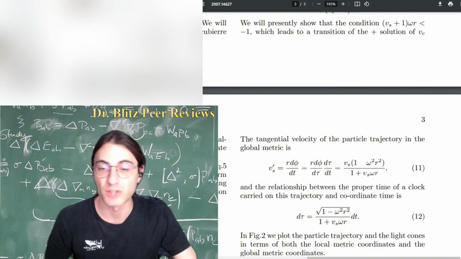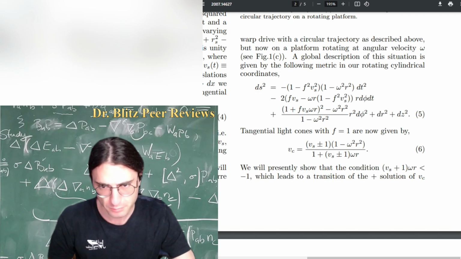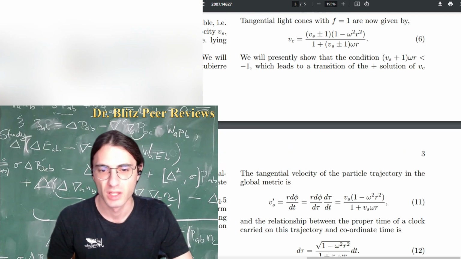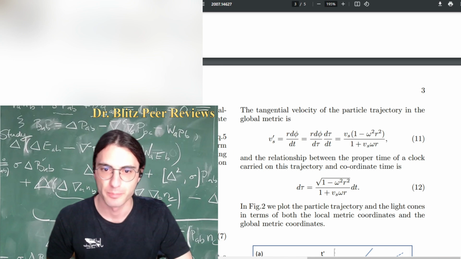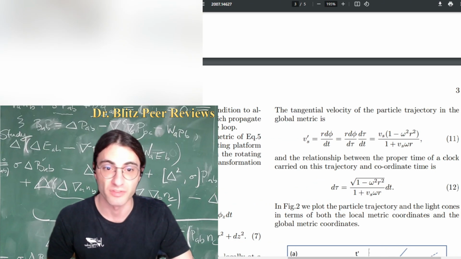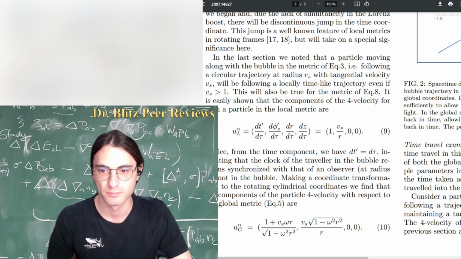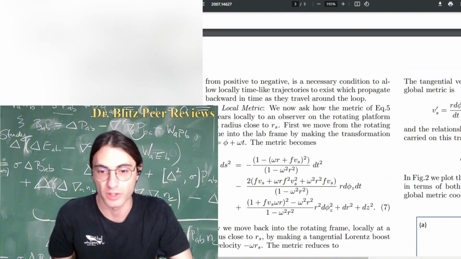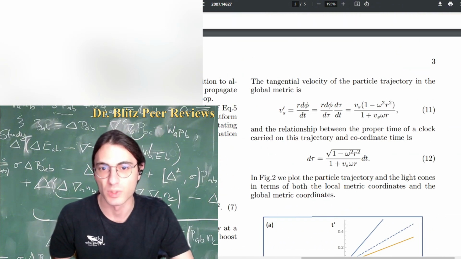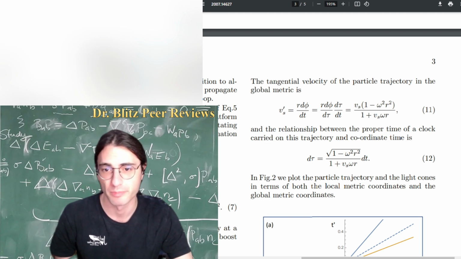And so you can express what d tau dt is using this metric here. And that's how they get this formula here. Because we have these expressions for the velocity, they know what d tau or dt d tau is, for example.